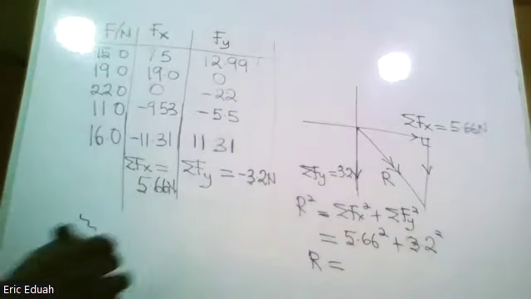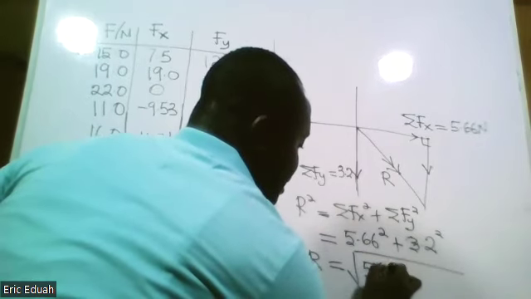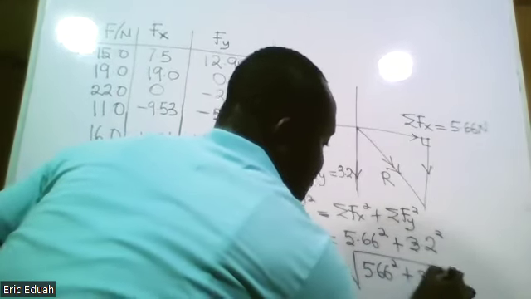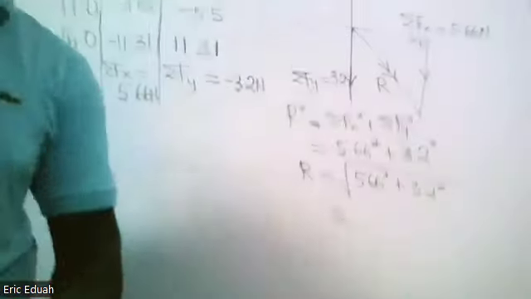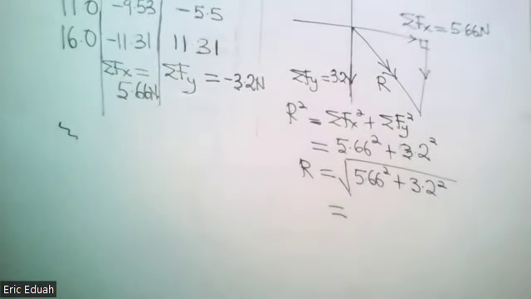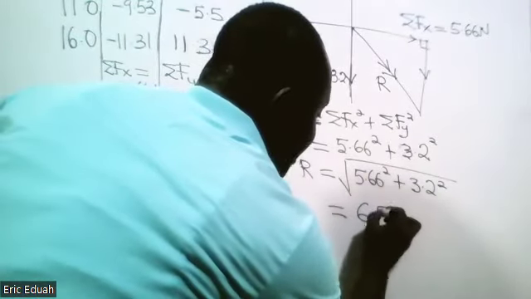R therefore is equal to the square root of all this within the brackets. Just give me the value of R. What is R? What's the value of R? 6.5. So we have 6.5 Newton.